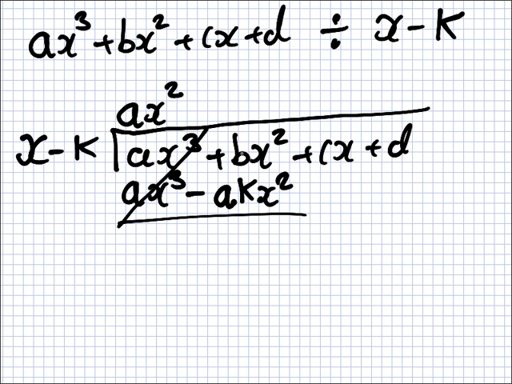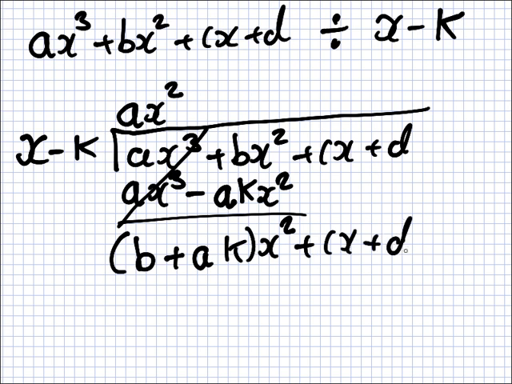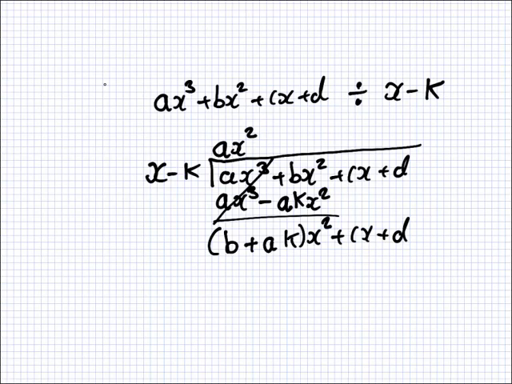You end up getting b plus ak, right? You get b plus ak x squared. And then these get carried down. Oh, just before I continue, I just want to give this cubic a name. So I'm just going to call it f, just so I don't forget. Just going to give it a name.